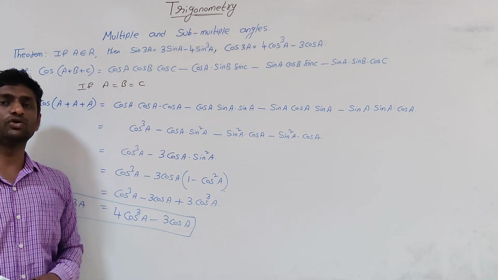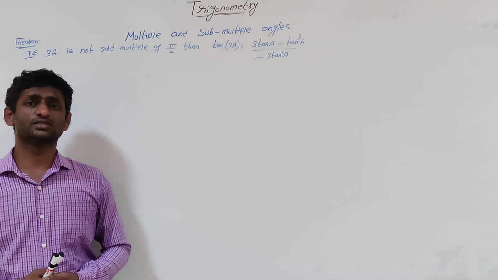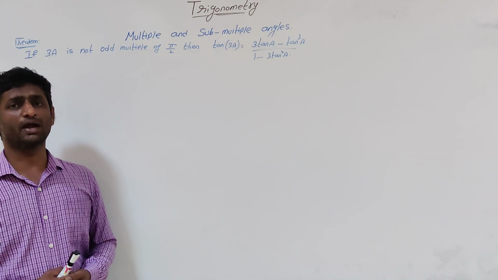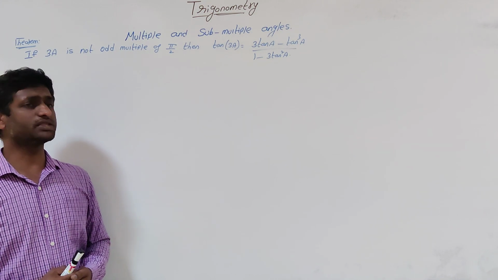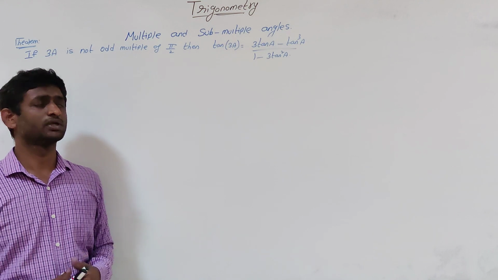Next we'll go for tan 3A. That is, if 3A is not a multiple of pi by 2, then prove that tan 3A is 3 tan A minus tan cube A by 1 minus 3 tan square A. So we'll see the proof.